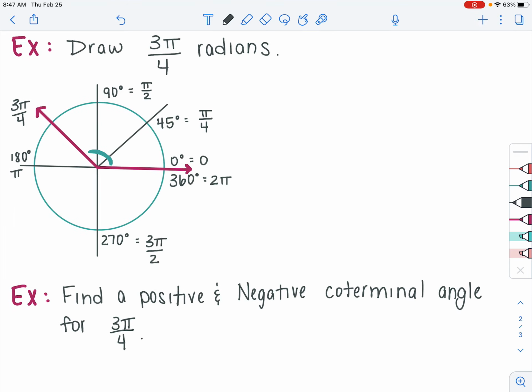So when I was working with degrees, it was easy for me to say, oh, I know, I'm just going to add 360 to get a positive one. I'm going to subtract 360 to get a negative one because that's my full rotation.